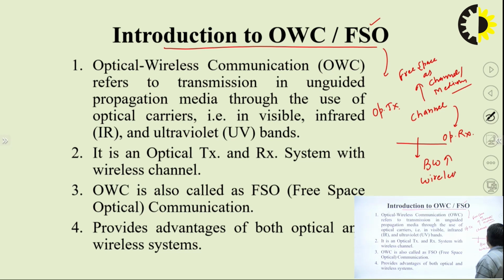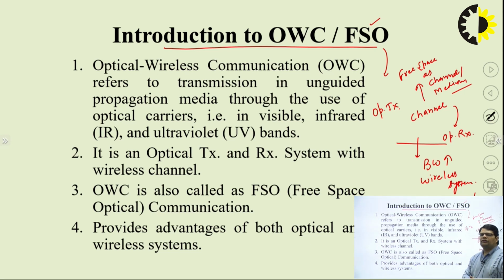This type of communication system will give us very high bandwidth and it will be a wireless system, and for this system we will require no license or spectrum fee, as the optical carriers are a free spectrum, as we are using light as a carrier.